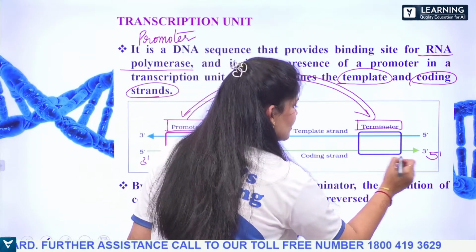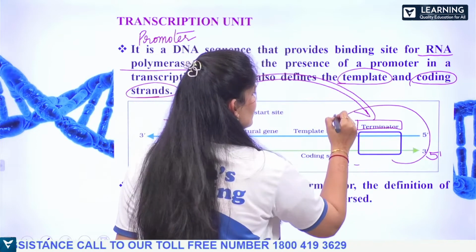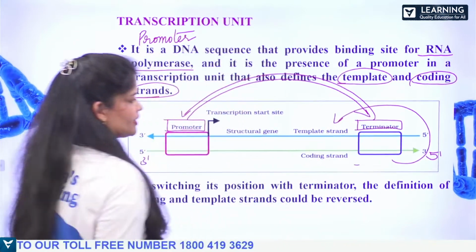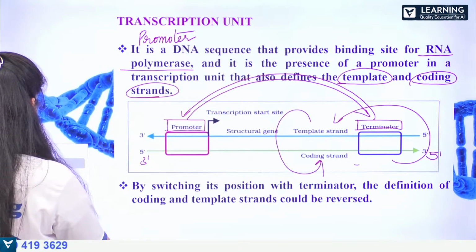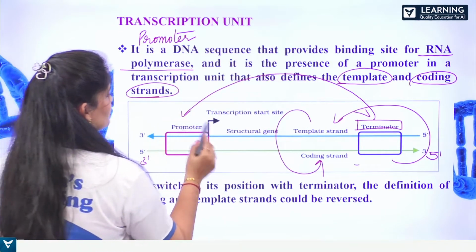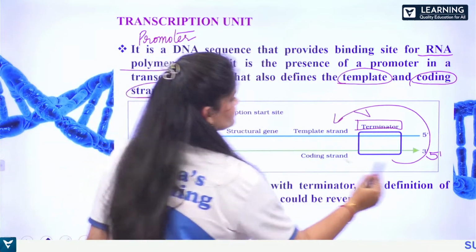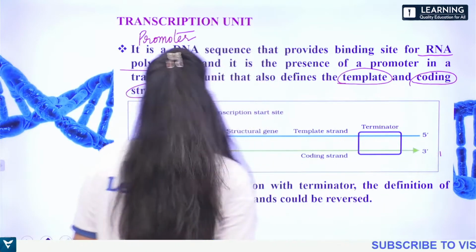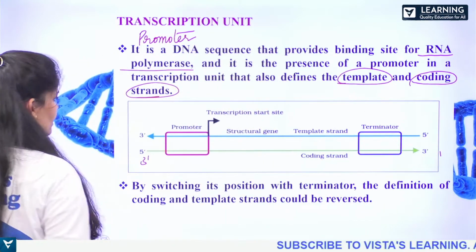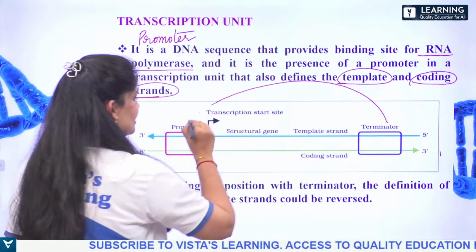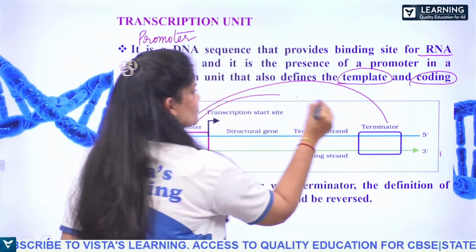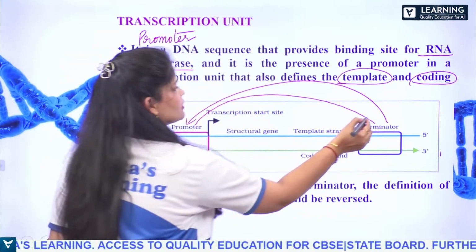So this will become the coding strand and this will become the terminator. I'll explain again. This point is important to understand, but it is easy. We switched the position. We have taken the terminator here and sent the promoter here.